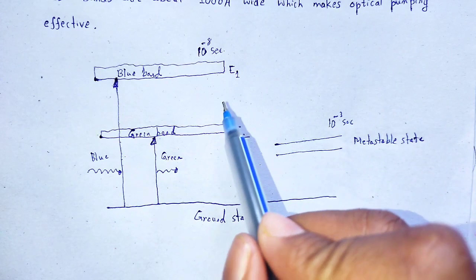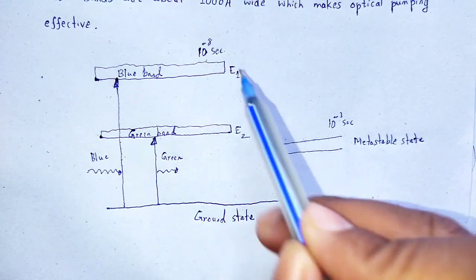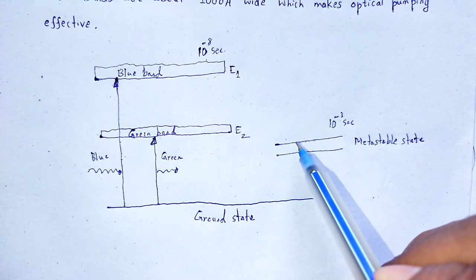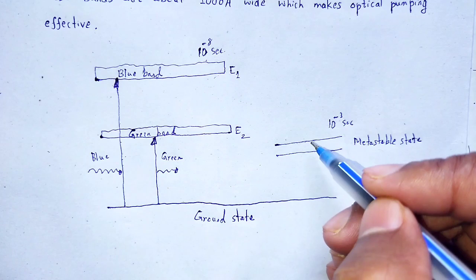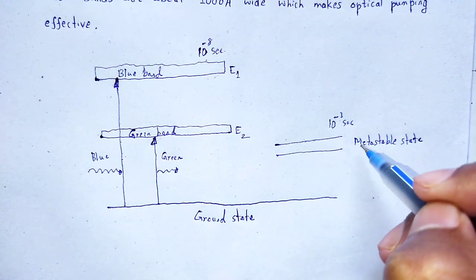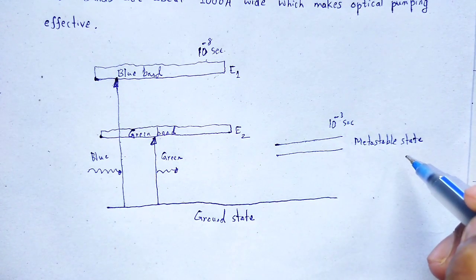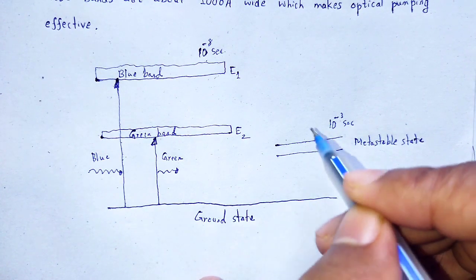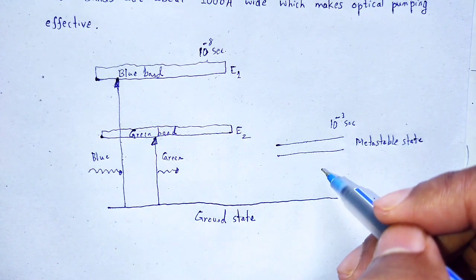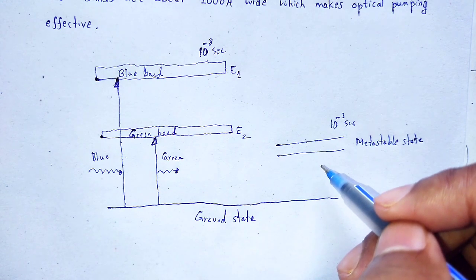Therefore, there is a huge time difference in between these two states. As a result, due to that effective pumping, a huge number of atoms now accumulate at that of metastable state as compared to that of ground state, and the phenomenon of population inversion occurred.